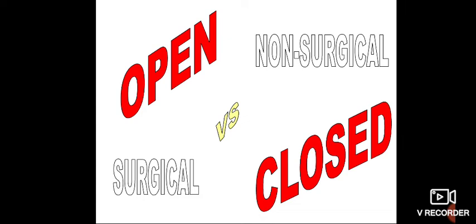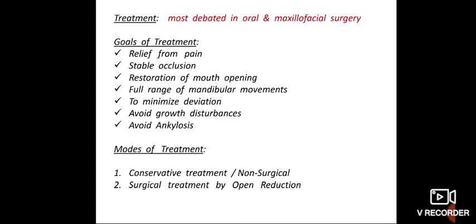So these are the best possible investigations. Whether to do the surgical management or not is the most debated question. So go in for open reduction versus closed reduction: open reduction surgically, or non-surgical closed management, which is best. It is the most debated thing in maxillofacial surgery, as I've said.